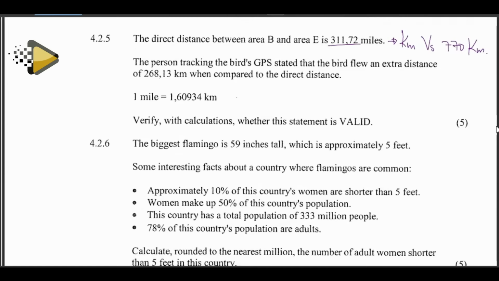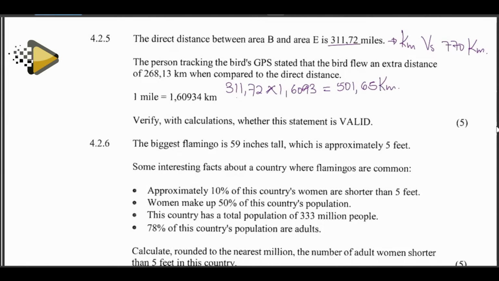They already told us 1 mile equals 1.60934 kilometers. For us, we have 311.72, so we change this. We multiply it by 1.6093. The answer we get here, 311.72 times 1.6093, which is 501.64 kilometers.